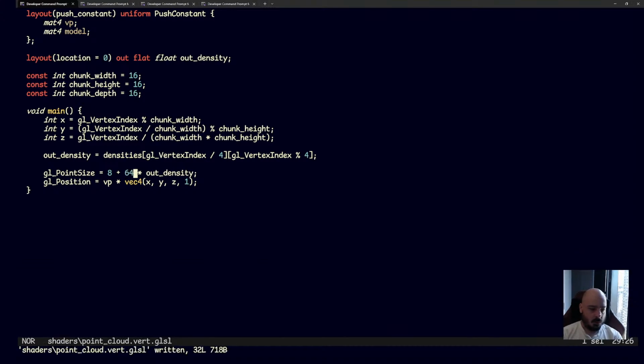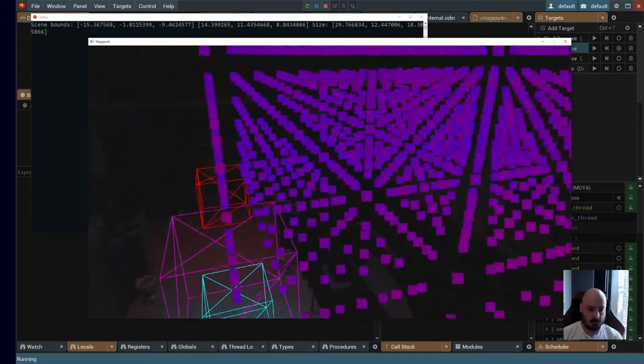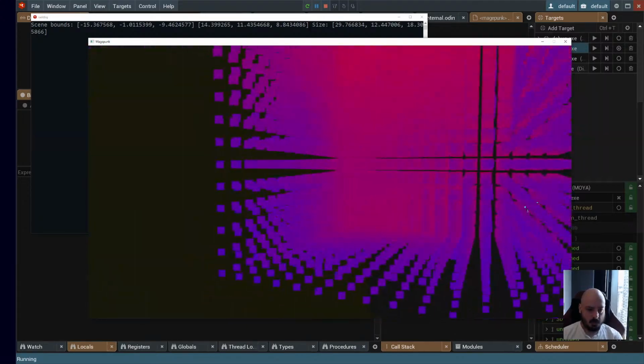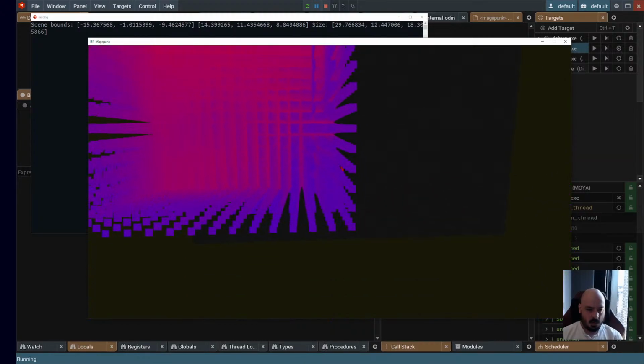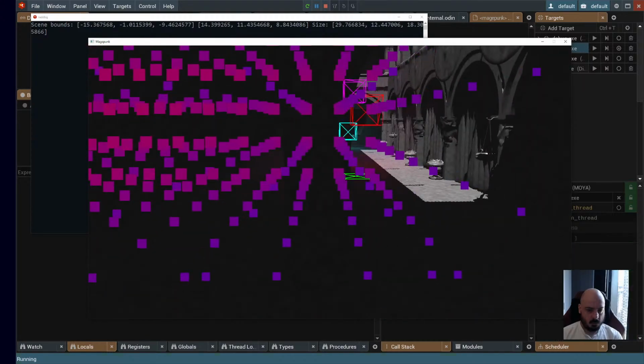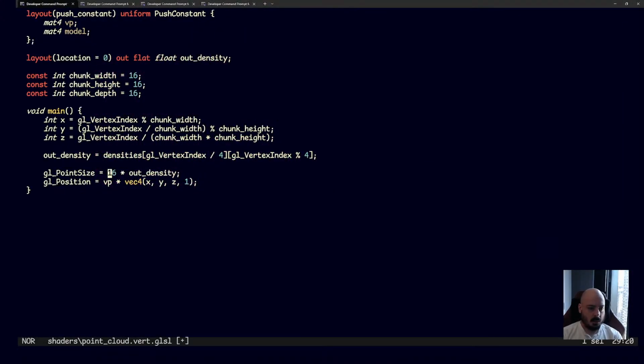Maybe like 64. Oh, jeez. That's not what I expected. Of course, I shouldn't really expect this to make sense. I need to actually make a 3D renderer, not using points, I think.